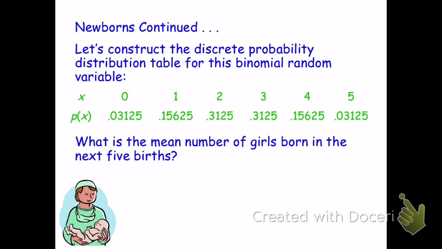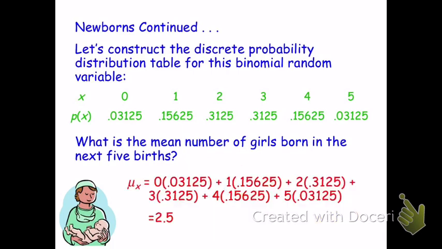If it's asking what is the mean number of girls, what's the same thing as mean? Expected value, like the expected number of girl births. How do I calculate that? You multiply the x by the probability of each of them happening. Perfect. So I'm just going to add up all of my probabilities. So x times probability.